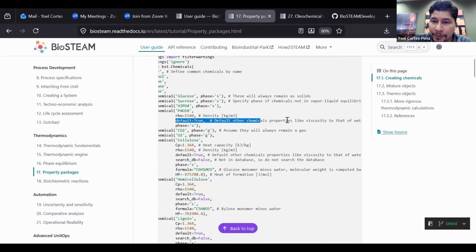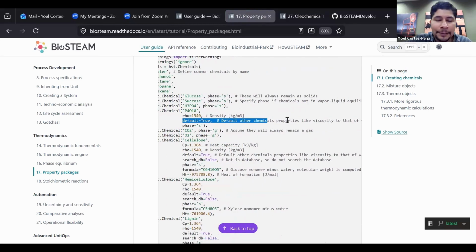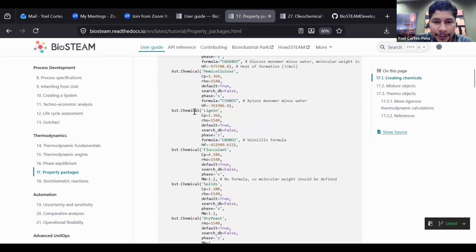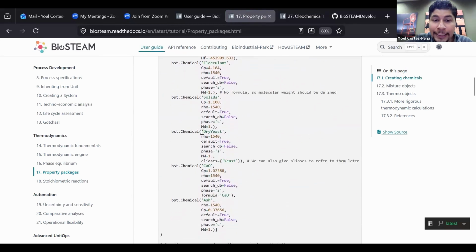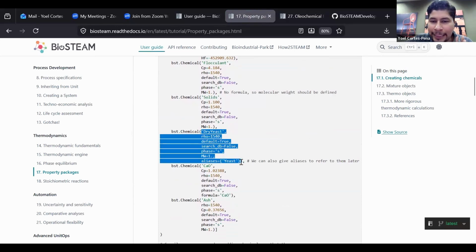You want to default other chemical properties like viscosity, because it might not be too important for your simulation. And you want to give it the formula. So I think around here we have dry yeast, and here we're specifying it as such, and we don't really care about the formula since we're just modeling it by mass. We're just saying a fraction of glucose turns to dry yeast. We don't care about the nutrients at this level. Thank you for the question, Sarvada.